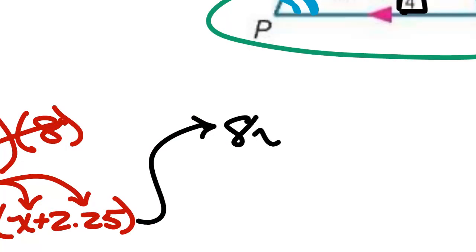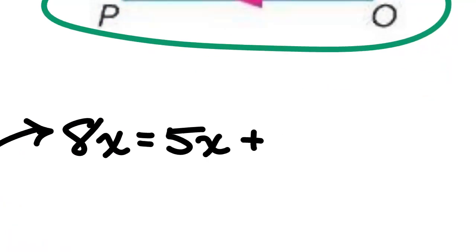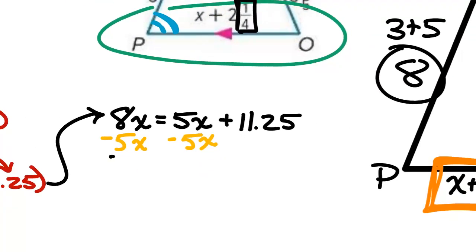So I would have 8x equals 5x plus, what is 5 times 2.25? 11.25. Subtract 5x from both sides. What is 8x minus 5x? 3x.